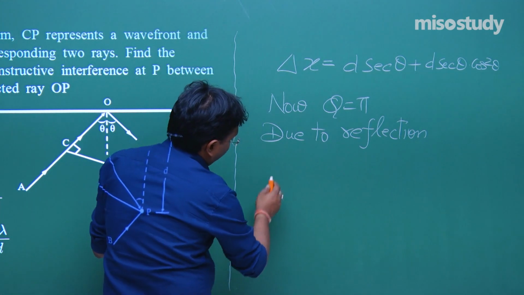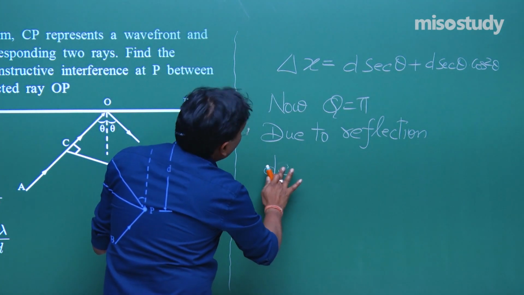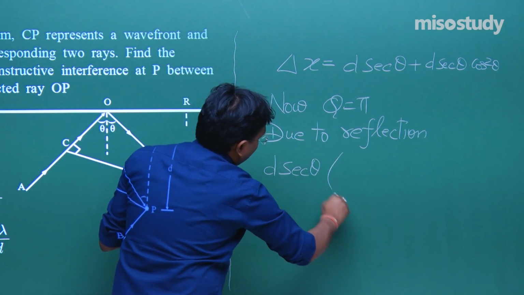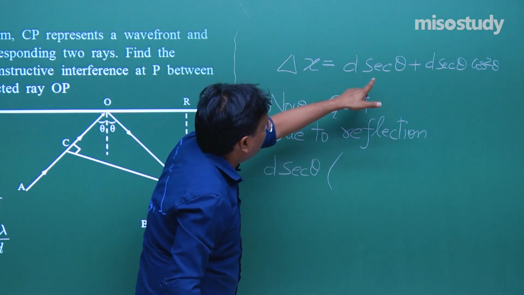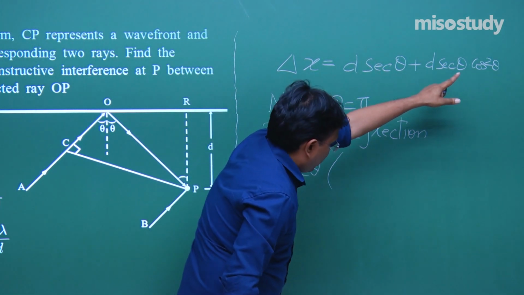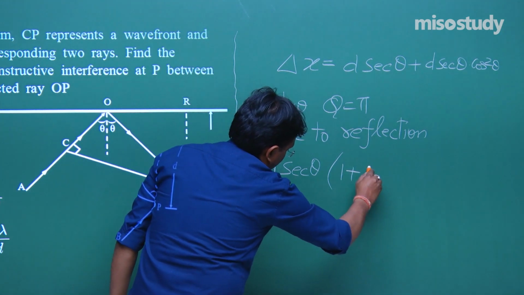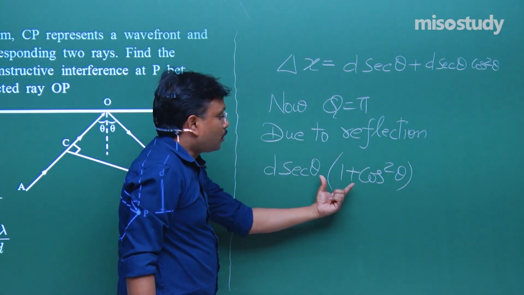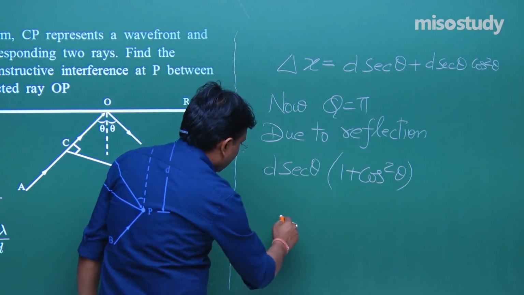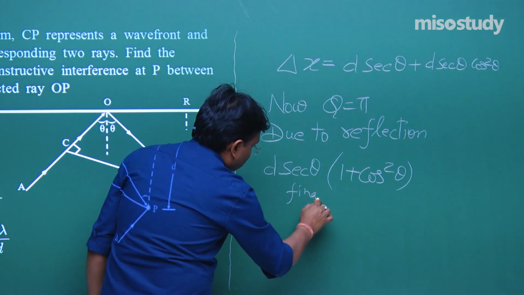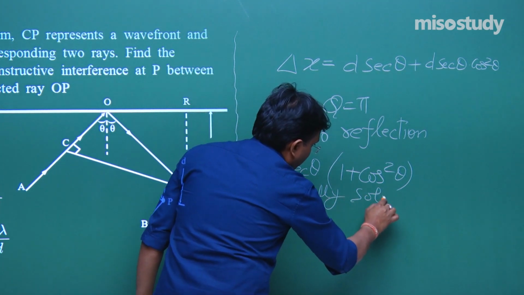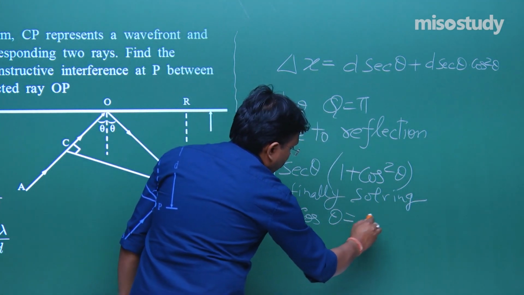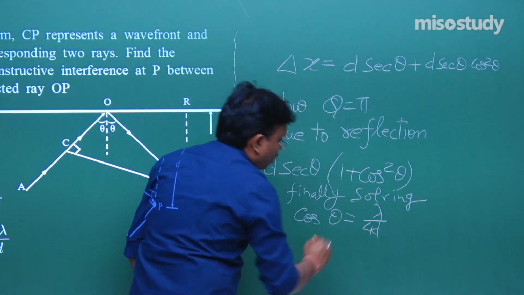So ultimately when you solve it, d sec theta within bracket, if we take out common, 1 plus cos square theta. Now obviously the trigonometry is simple, which you can do. So ultimately finally solving, cos theta is equal to lambda upon 4d.